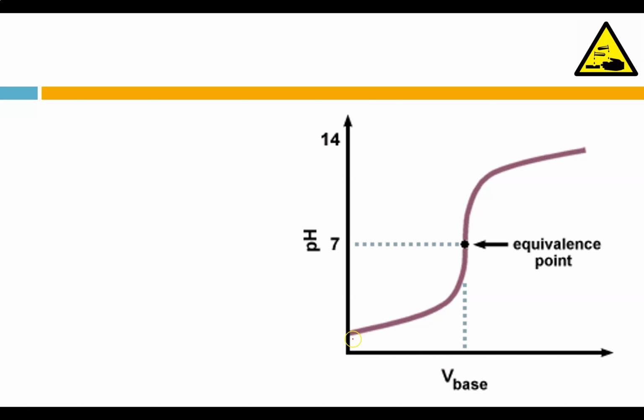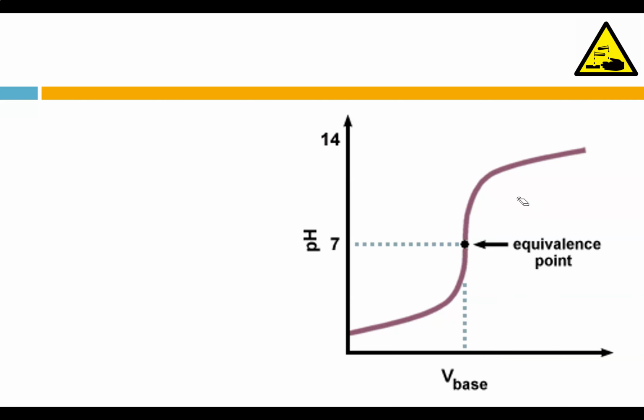And we can see as we do that, pH starts to go up a little bit, happening pretty slowly. Then all of a sudden you end up with this big inflection occurring, this huge change in pH over a very small volume. And our equivalence point is right in the middle of this big change in pH. And then as we continue adding base, the pH goes up and it levels off again.